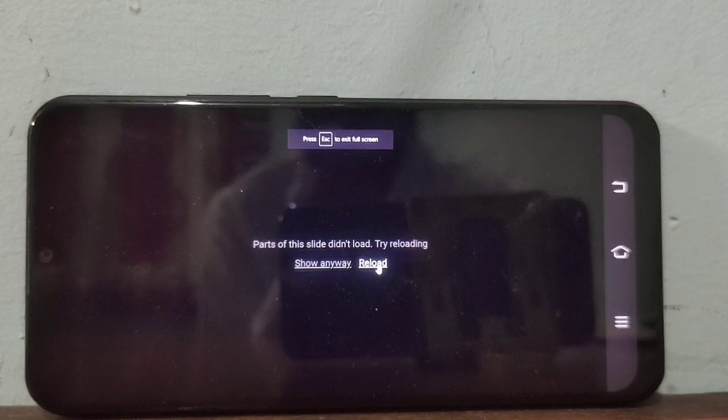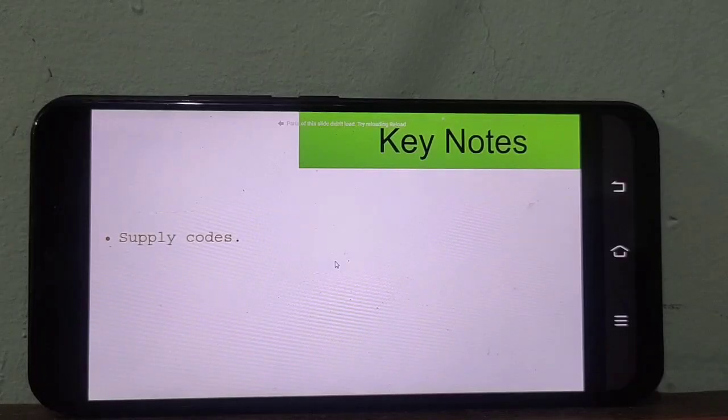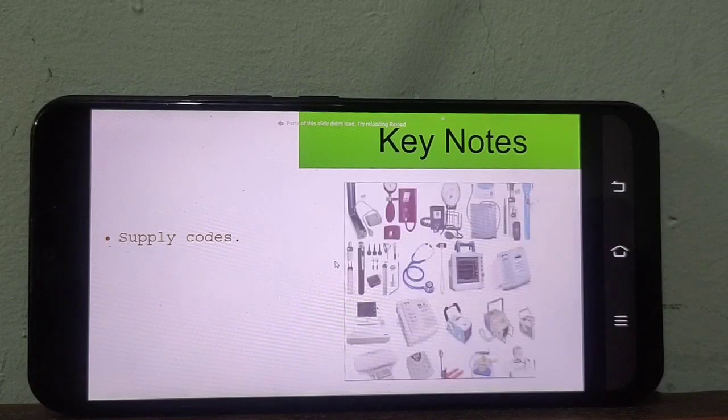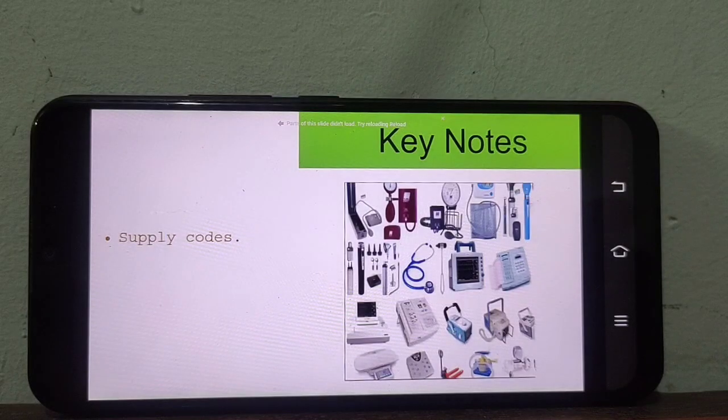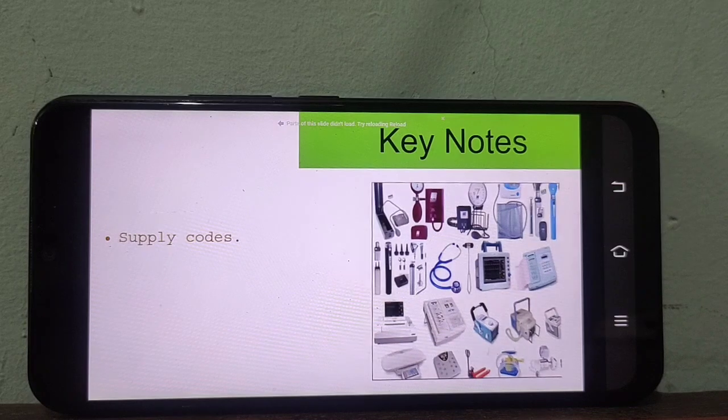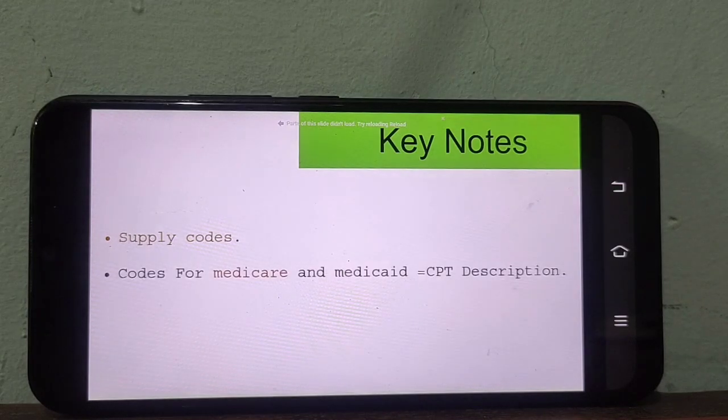What are the materials that are used in our service? For example, we report the code for an ECG machine, a battery of a pacemaker, syringes, cottons. So for materials, codes are reported by using HCPCS.